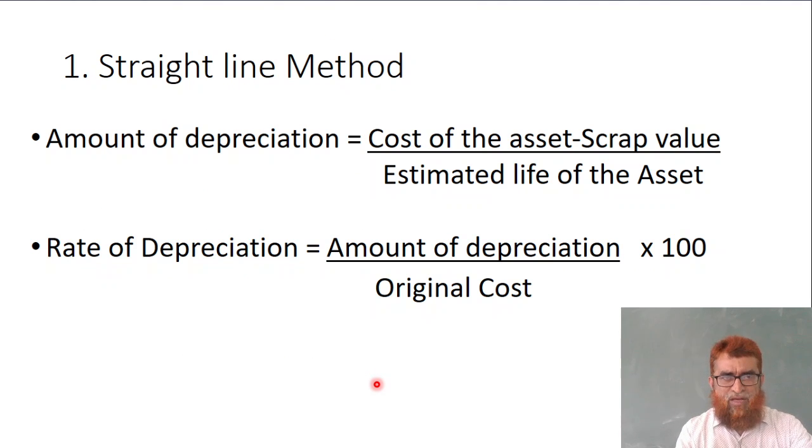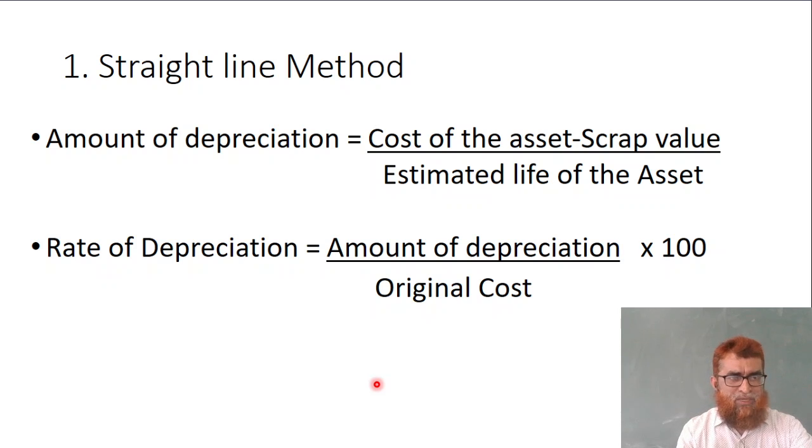See, this is the formula. Amount of depreciation is equal to cost of the asset minus scrap value divided by estimated life of the asset. So if we have these three details, then we can find out the amount of depreciation. This is one way. In another way, we can also calculate the depreciation amount by applying the rate of depreciation.